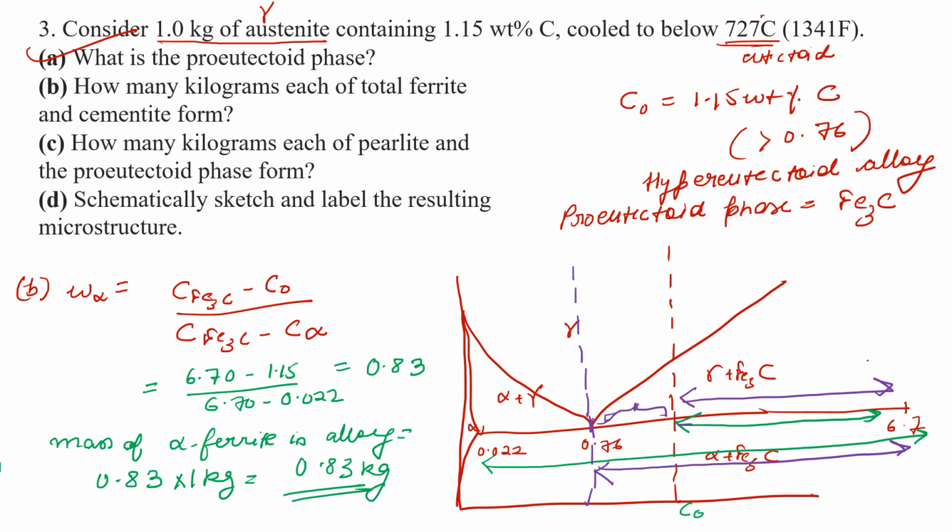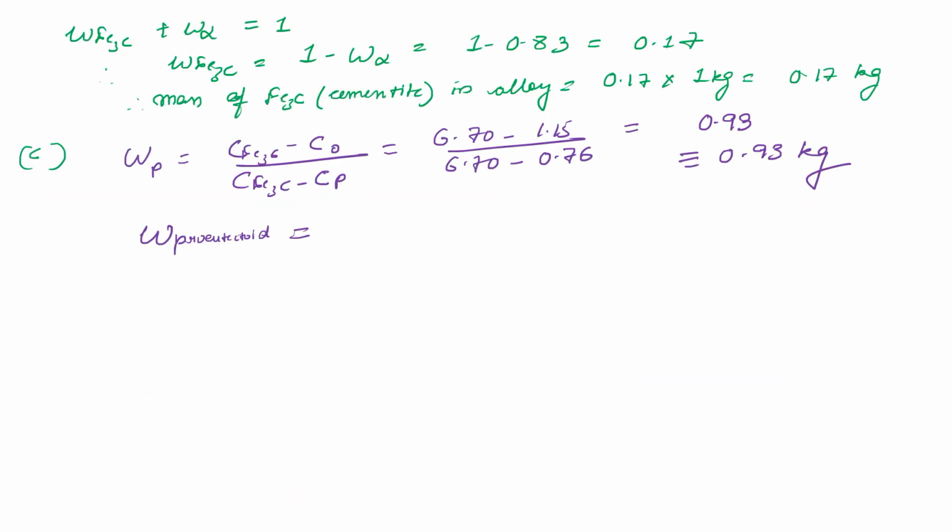Because Fe3C is this, so the opposite arm to this is this. So C naught minus 0.76, divided by C Fe3C minus 0.76. That gives me 1.15 minus 0.76 divided by, so I could have written this as C E.